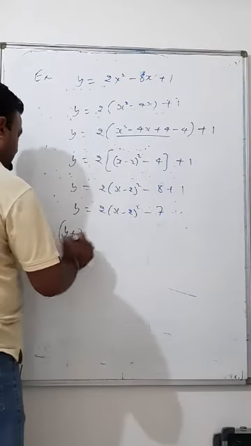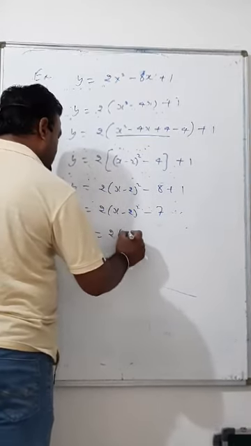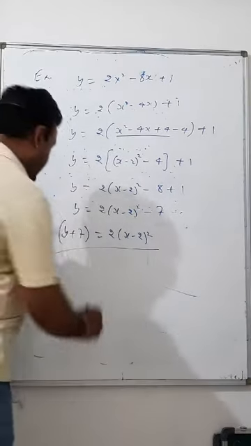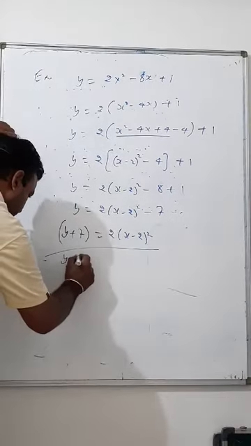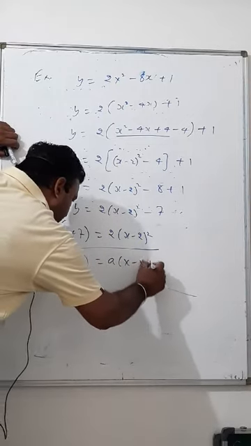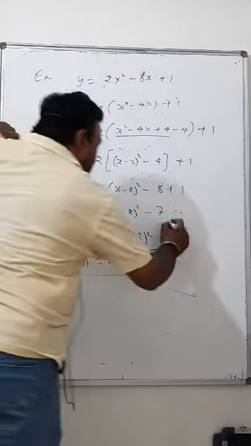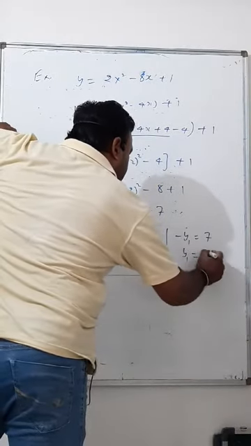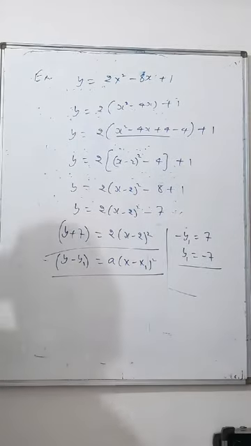I compare with y minus y1 equals a times x minus x1 whole square. Minus y1 is 7, that means y1 is minus 7.